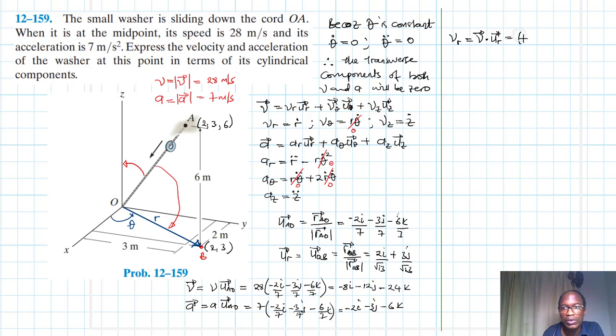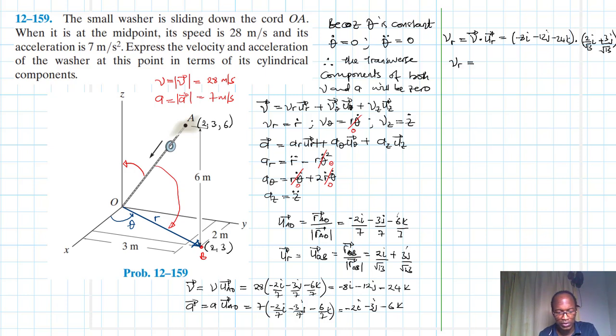This is just going to be equal to minus 8i minus 12j minus 24k dot UR, which is 2 over root 13 i plus 3 over root 13 j.